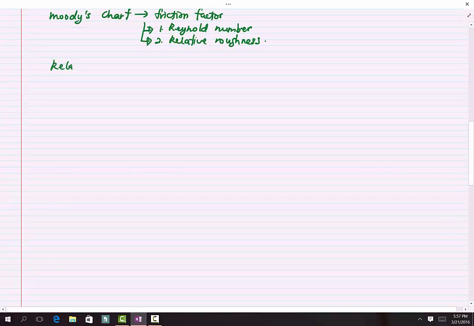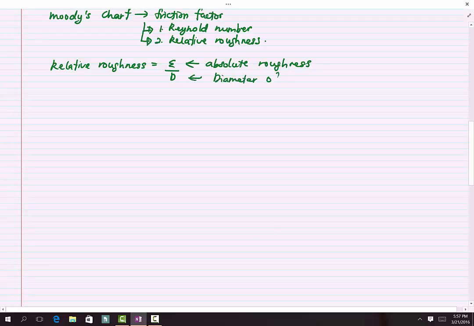Second is relative roughness. Relative roughness is equal to epsilon over diameter. Epsilon is absolute roughness, and D is the diameter of the pipe.